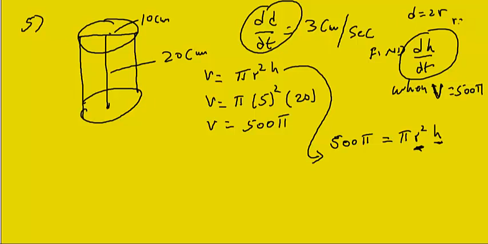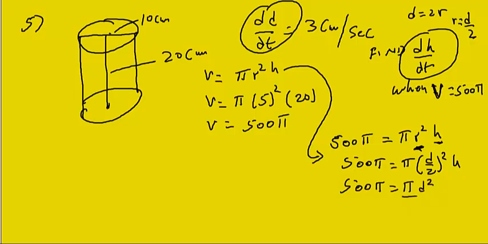So what's my r equal to? d over 2. So we're going to rewrite this equation as 500 pi is equal to pi times (d over 2) squared h. And if you clean this up, I get 500 pi is equal to pi d squared h, all that over 4.